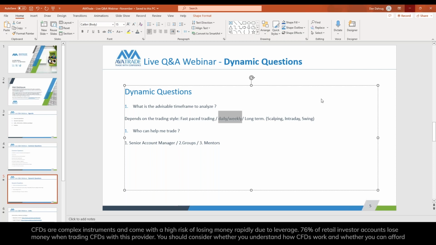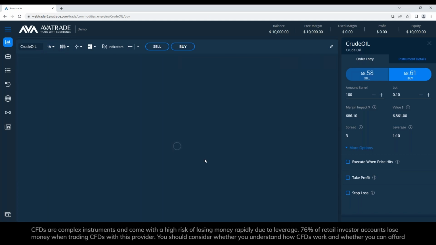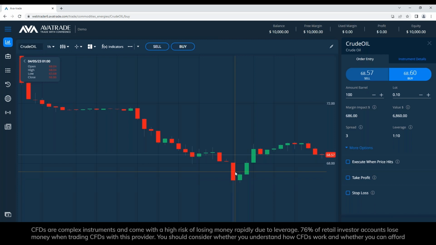But there are exceptions, like this one. This is something I want to see hourly. Why? Because it's exceptional, and it indicates to me that something occurred. Something fundamental occurred on the market, and it made crude oil do that.